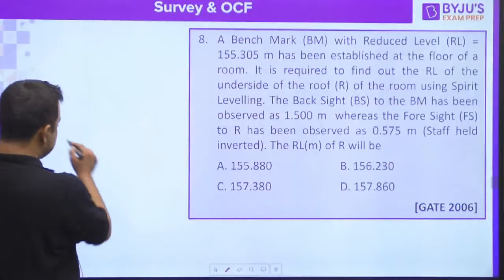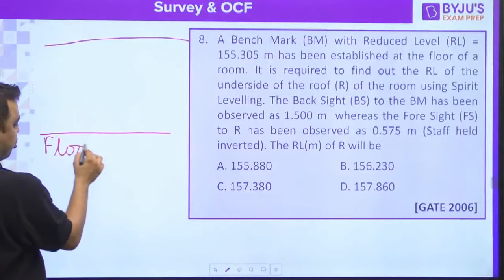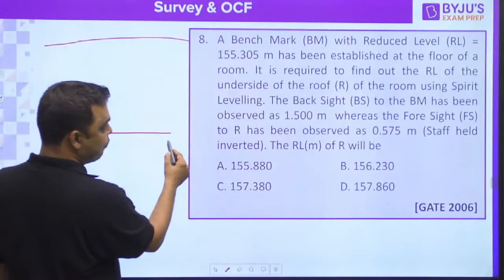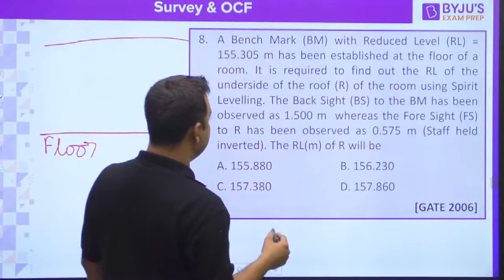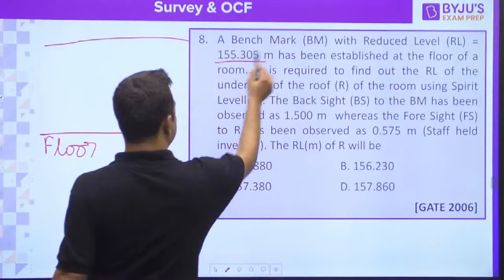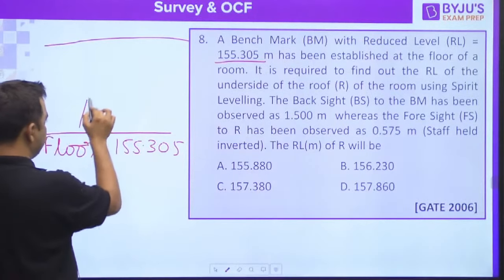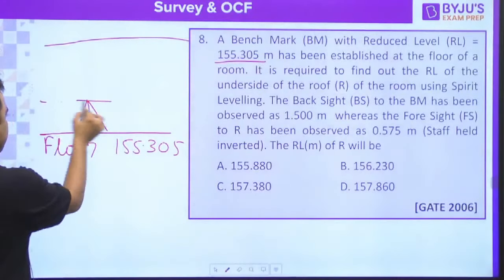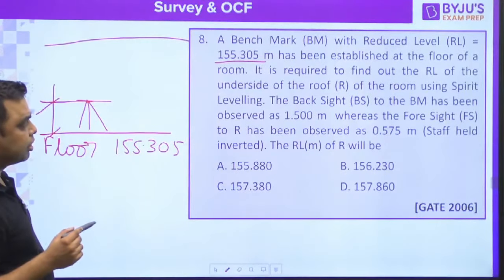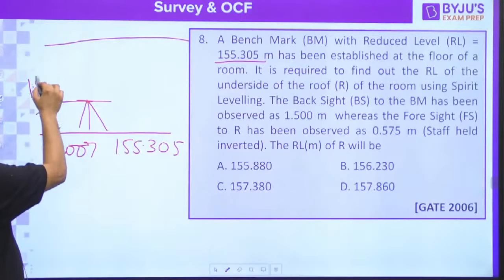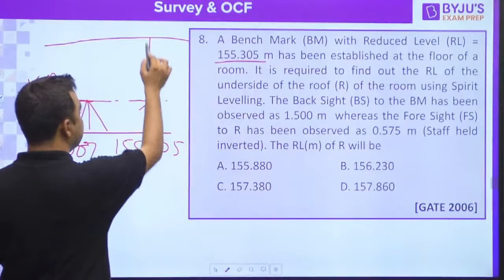See guys, this is the case. This is the floor. How much is the RL of the floor given in the question? 155.305. So the instrument was kept over here, and the reading was taken: 1.5 meter. And over here again a reading is taken with the staff inverted.